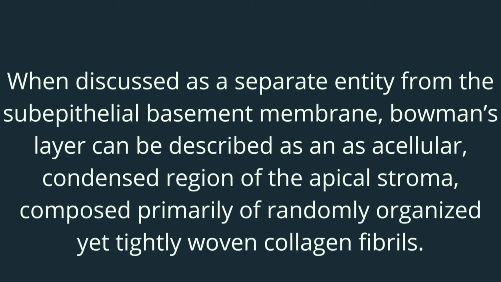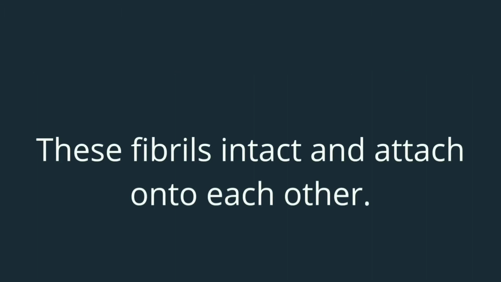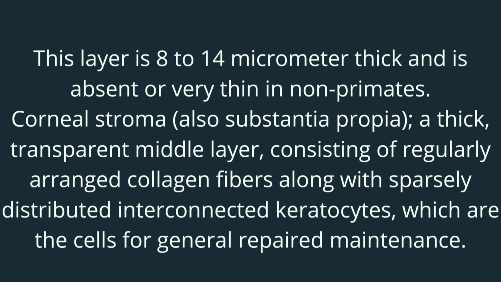When discussed as a separate entity from the subepithelial basement membrane, Bowman's layer can be described as an acellular, condensed region of the apical stroma composed primarily of randomly organized yet tightly woven collagen fibrils. These fibrils interlace and attach onto each other. This layer is 8 to 14 micrometers thick and is absent or very thin in non-primates.